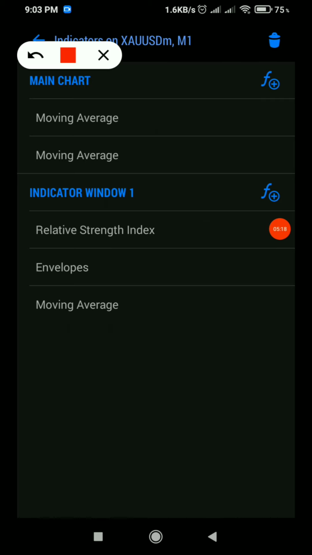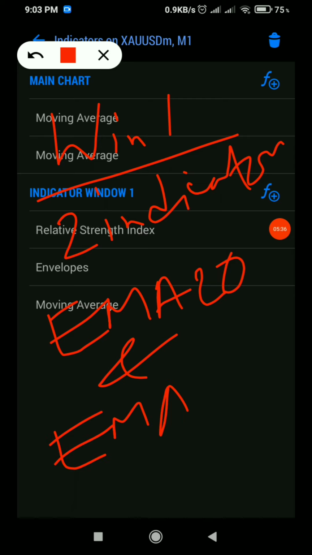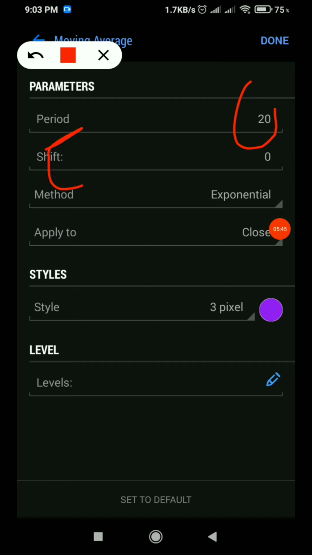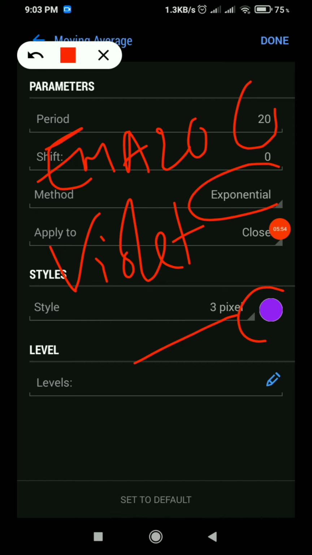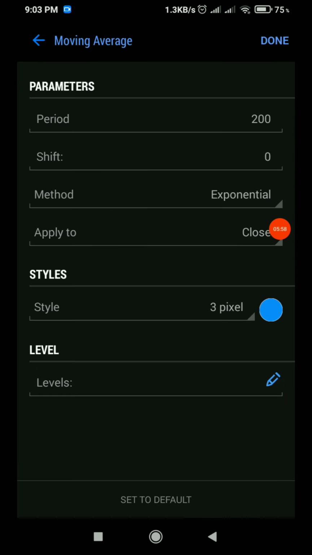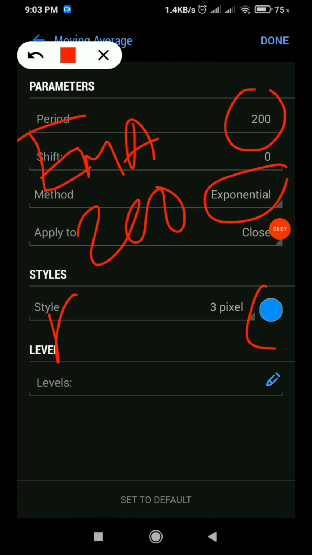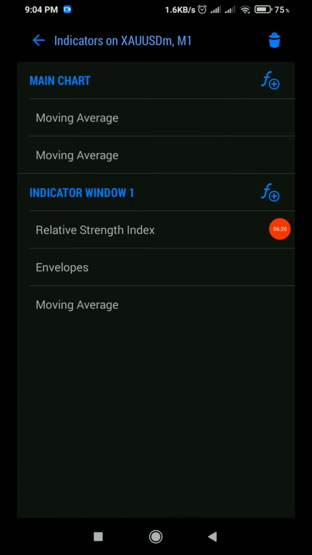On window 1, I have taken 2 moving averages: EMA 20 and EMA 200. Here you see EMA 20, the violet color, and this is the 200 exponential moving average, blue color, taken on the main chart in the same window. That is the first window.